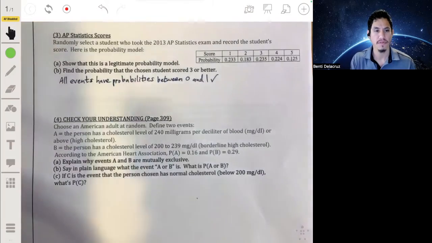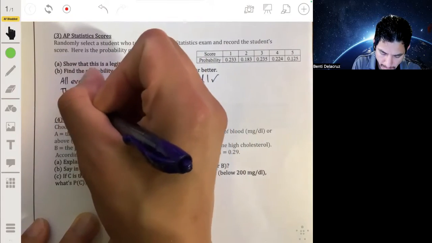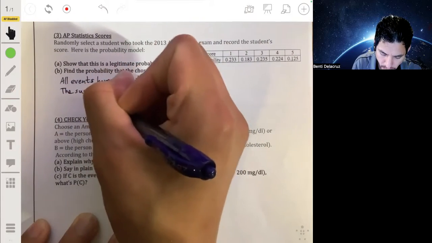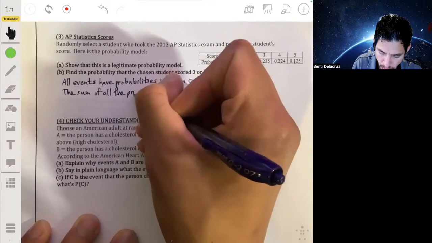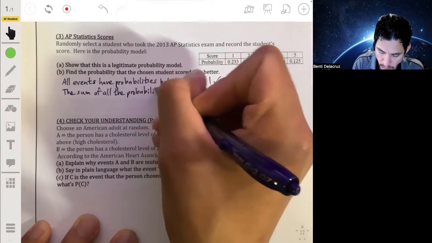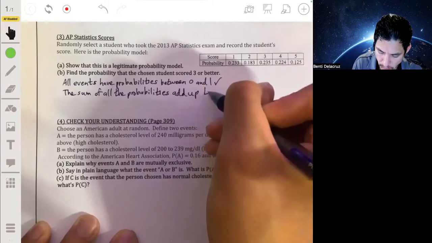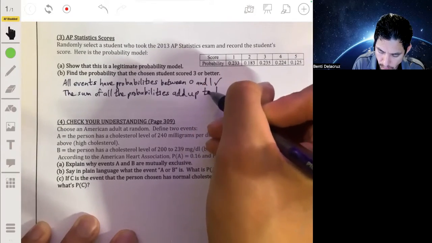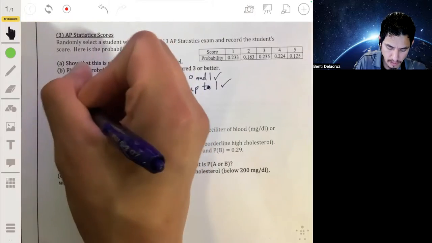So it checks out, the sum of all the probabilities adds up to 1. So we're good there.